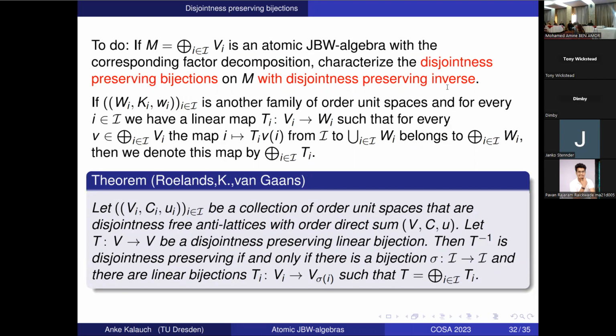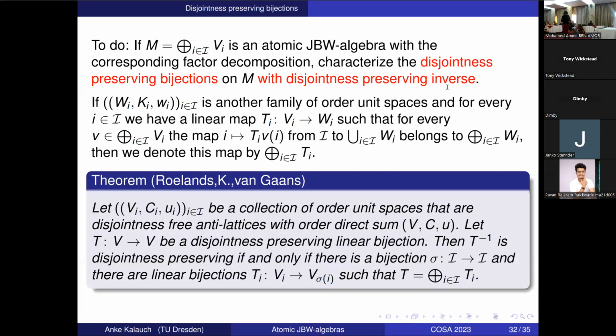This would be nice to have. And we can do it even with the whole setup I told you. We can even do it more generally for order direct sums of disjointness-free antilattices. This is the right setup to ask this question. So the JBW algebras are only an example.